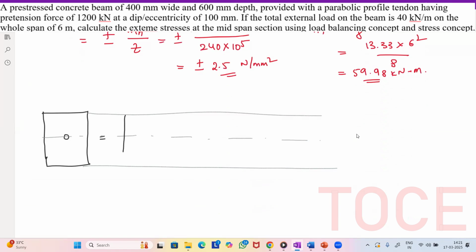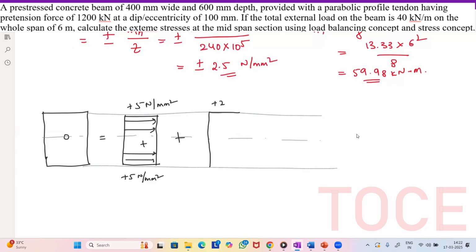So the direct stress, which is positive, 5 Newton per mm square throughout the section, plus the stress due to this net downward load, which is positive on top, that is plus 2.5 Newton per mm square, and minus 2.5 Newton per mm square on bottom.